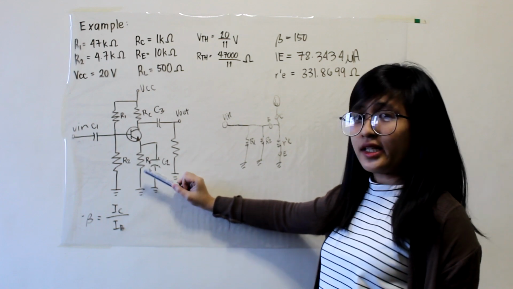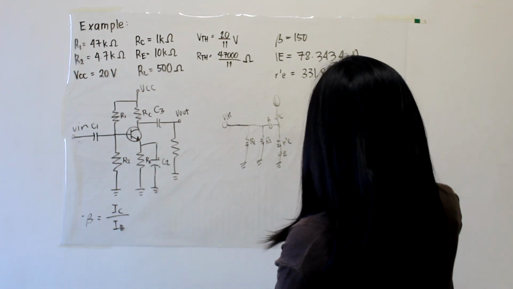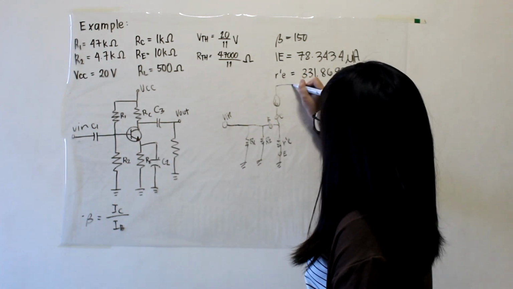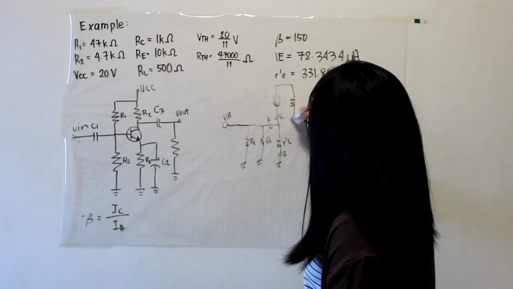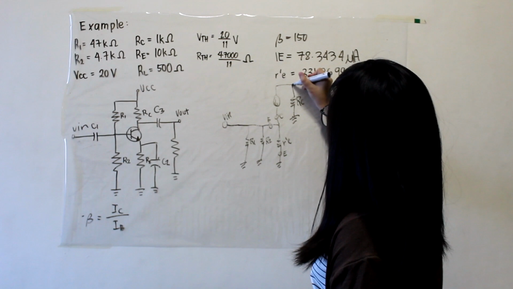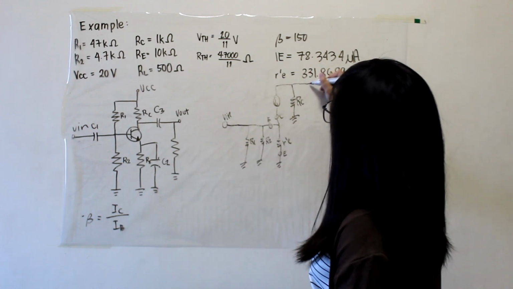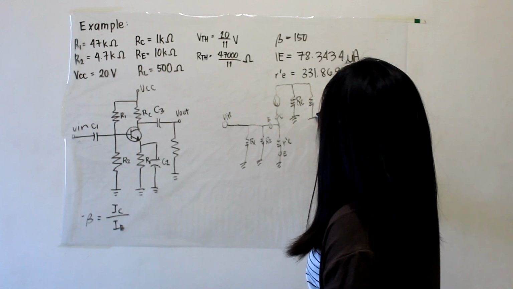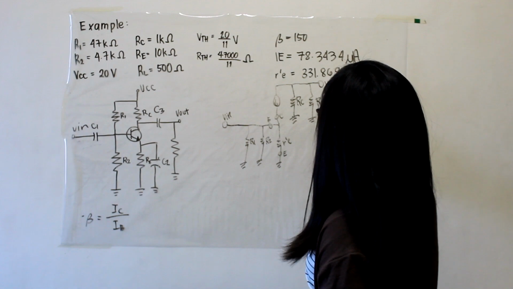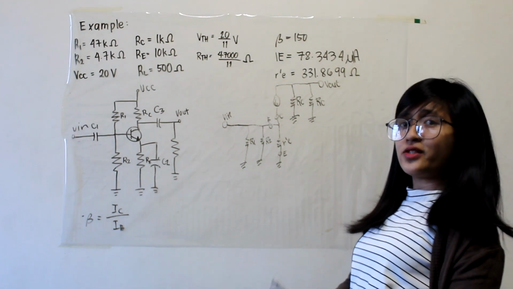So, RE is negligible. Proceeding, the RC is in series with the current source. C3 is shorted. Then RL is in parallel with the RC. Then the voltage out. Our AC equivalent circuit is done.